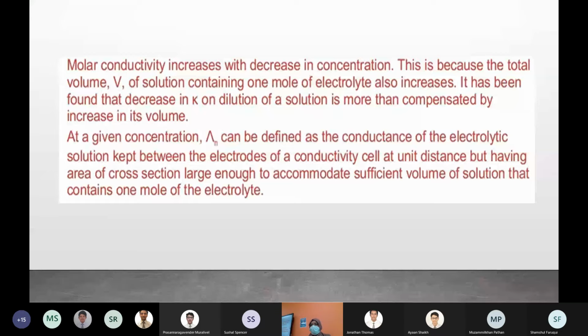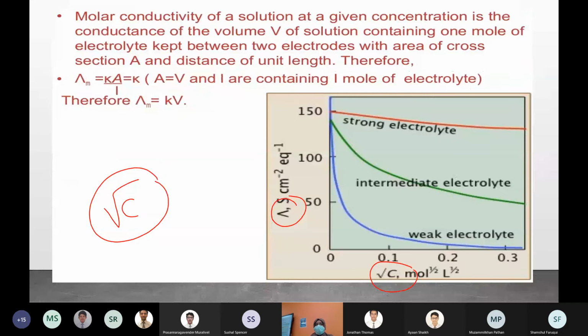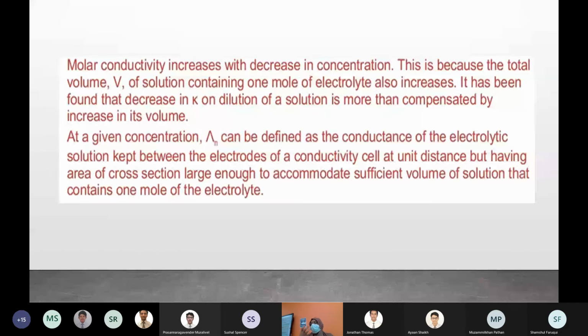So the increase in the volume makes it easier for the movement of the ions. Say, for example, it was 10 ml and now you increase it to 20 ml. The same amount of substance in 10 ml and in 20 ml, which means there is an increase in volume. That increase in volume helps the ions move more easily.